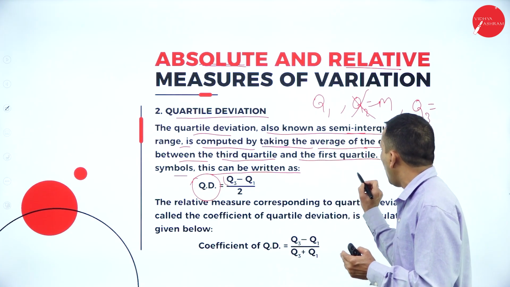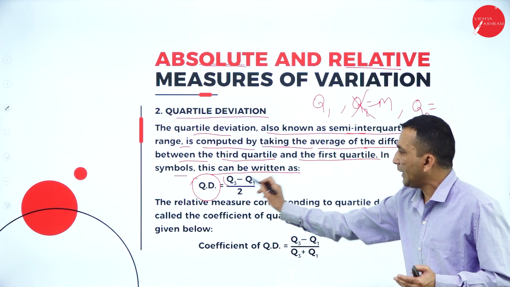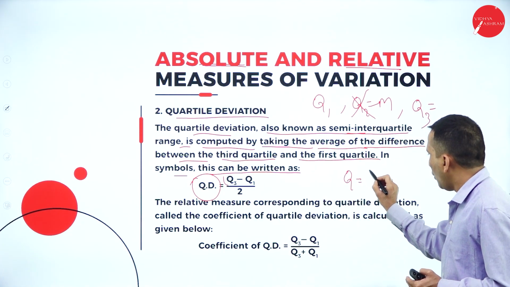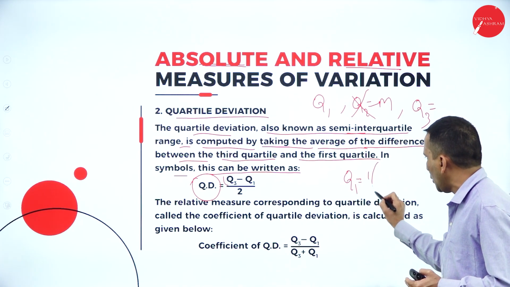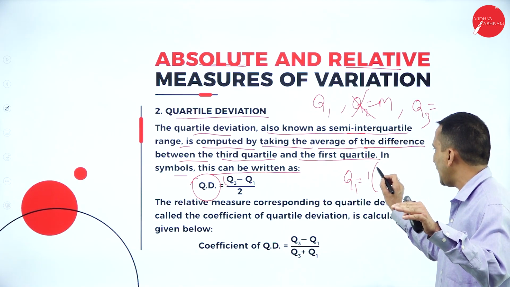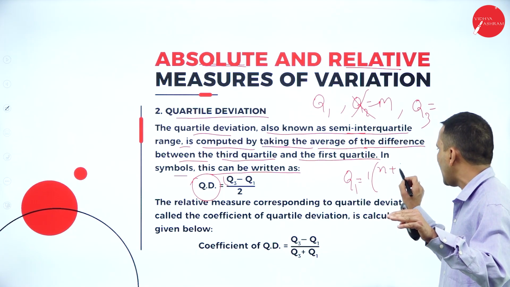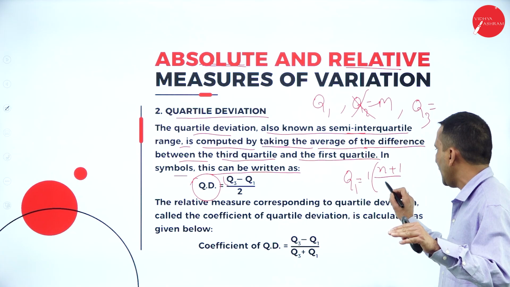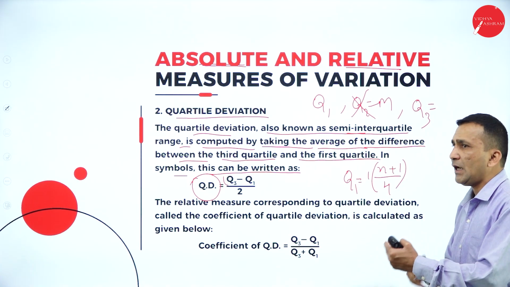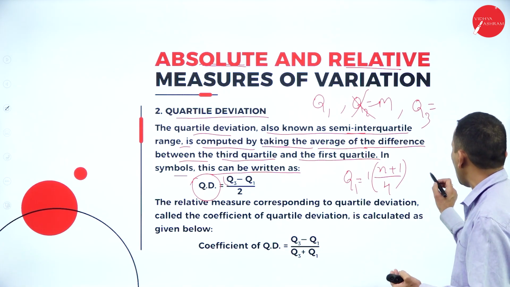Let me show how we get the Q1 value. Q1 is equal to 1 into (n plus 1) divided by 4 in the case of discrete ungrouped data. In the case of grouped data or continuous data, Q1 is equal to capital N divided by 4.